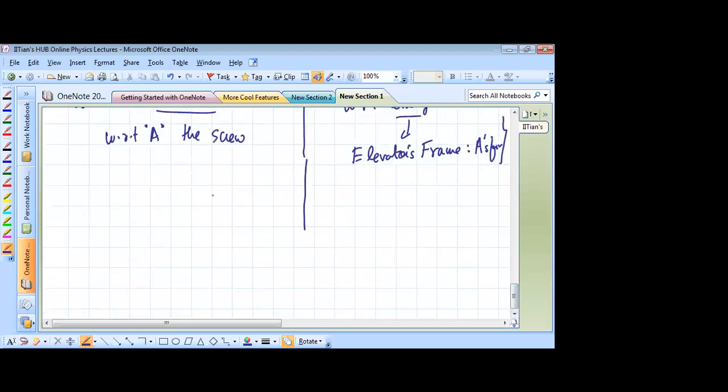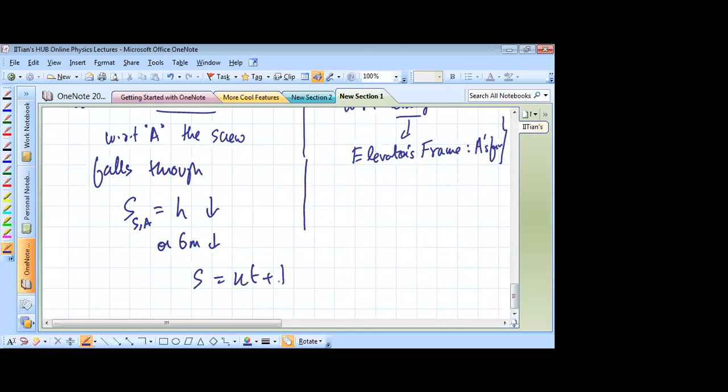The displacement of the screw with respect to E is going to be h downwards, or 6 meters downwards. So now you use the equation that displacement is equal to ut plus half at square in general, whenever you have uniform acceleration.